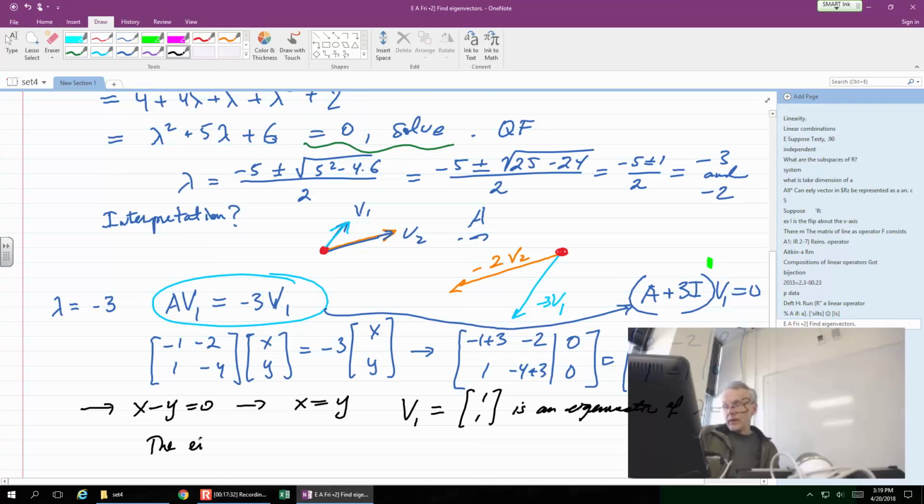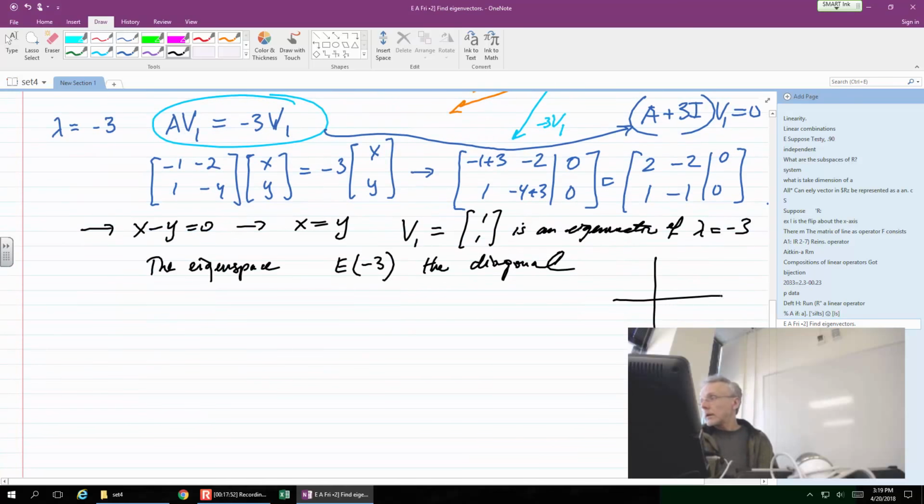The eigenspace is simply all of the multiples of this vector. What is it? It is the diagonal on the xy plane, the main diagonal. So this is the eigenspace of negative 3 for our matrix.